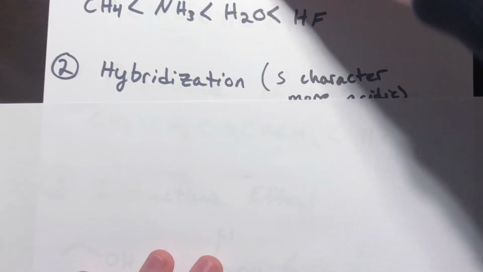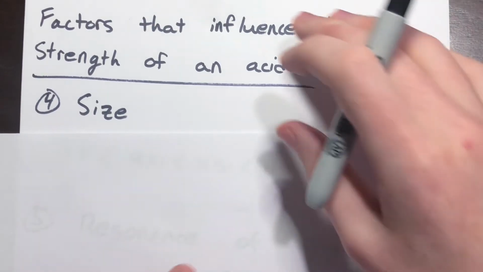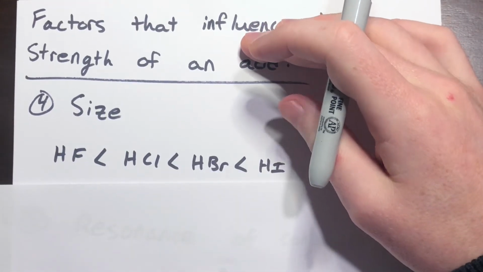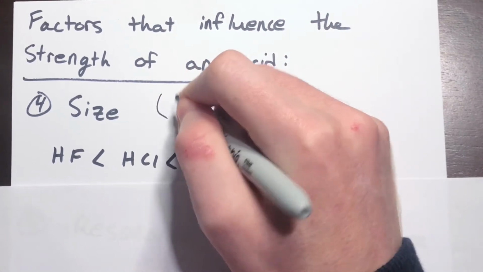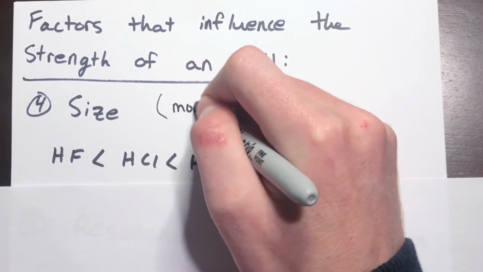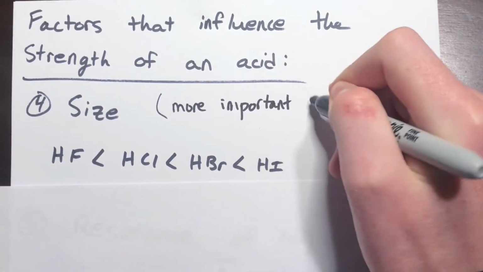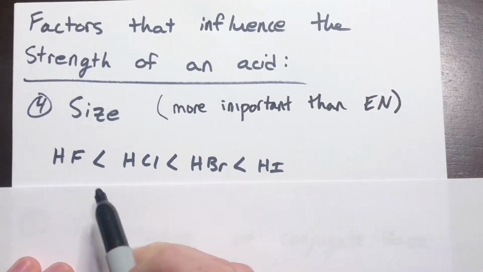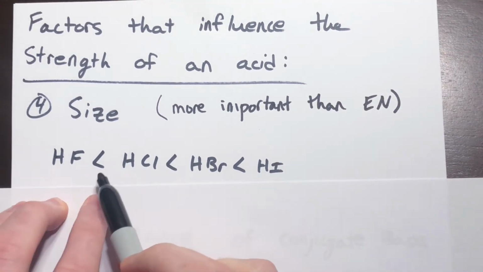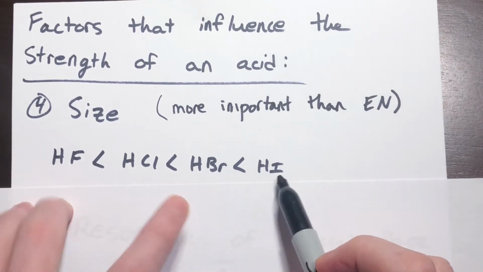Okay, moving along. The next thing to influence the acid strength is size. So size matters more than electronegativity. This is important to say. So this is usually more important than electronegativity, because as we look here in this trend, HF is less acidic than HCl, which is less acidic than HBr and HI.